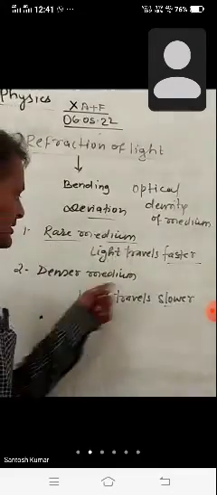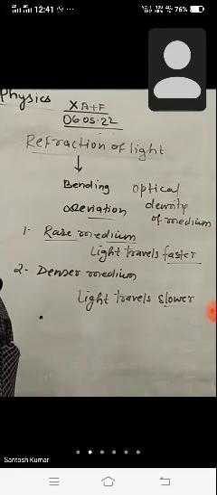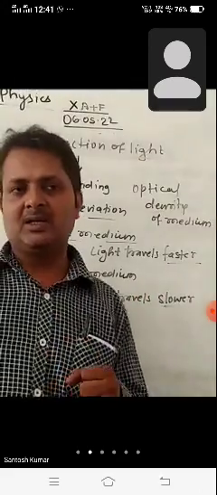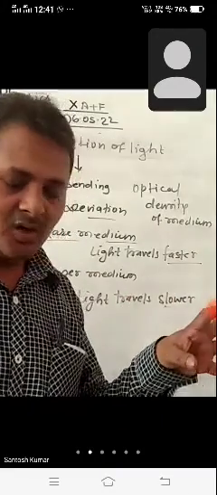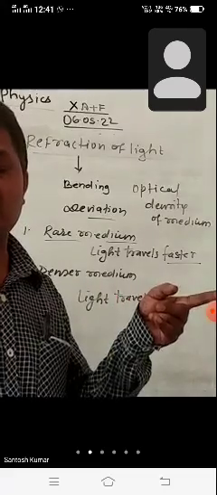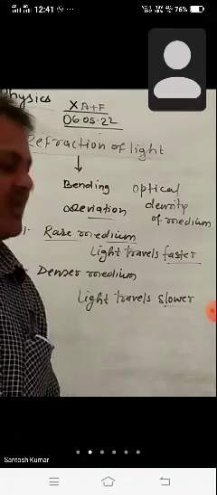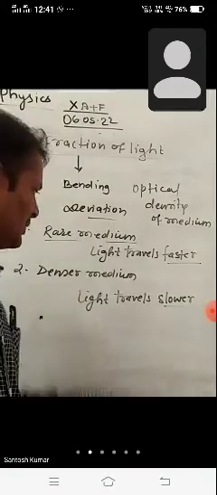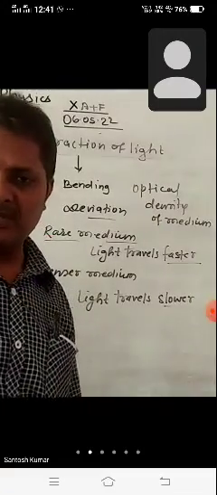So we can define a medium on the basis of the speed of light in that particular medium. You need to observe whether the speed is decreasing or increasing. On that basis, you can say that the next medium is either rarer or denser.